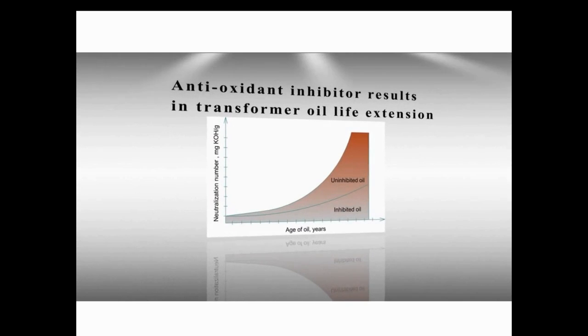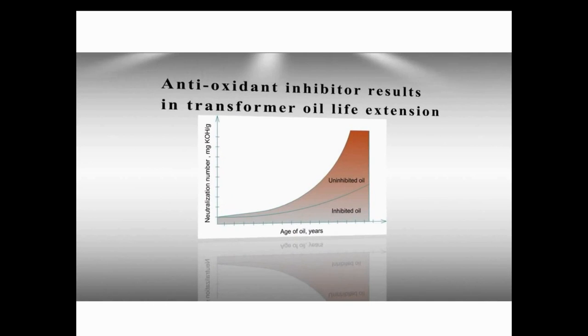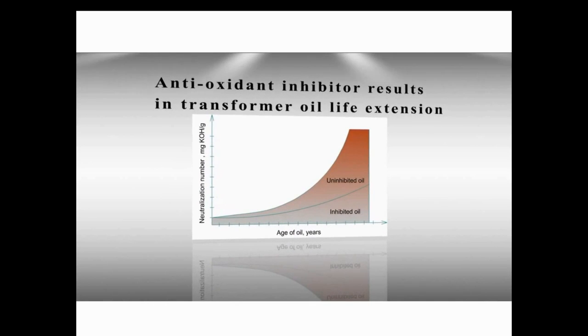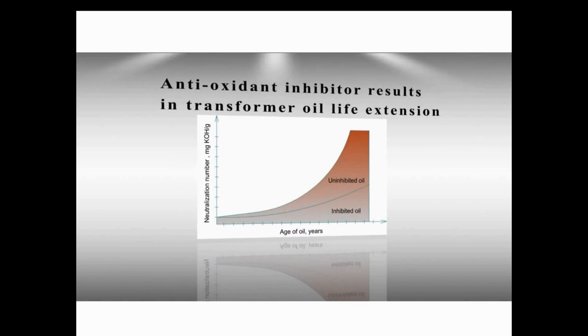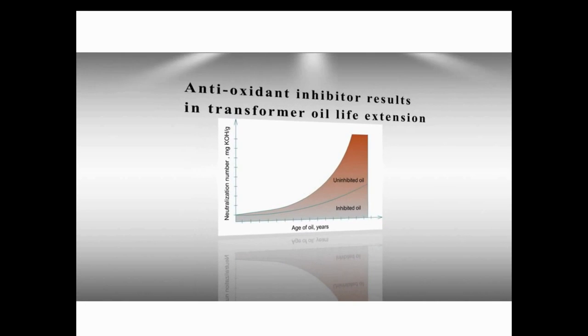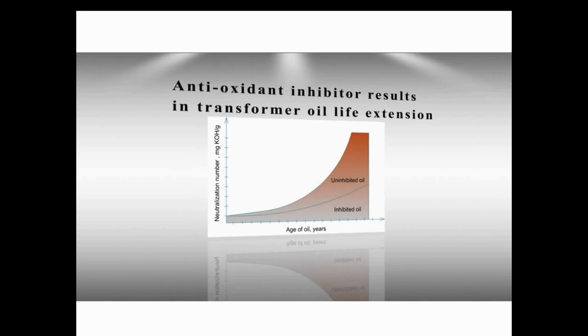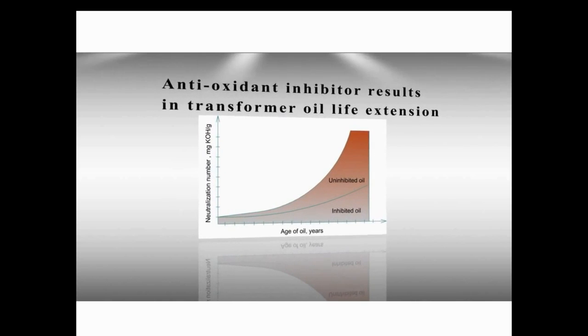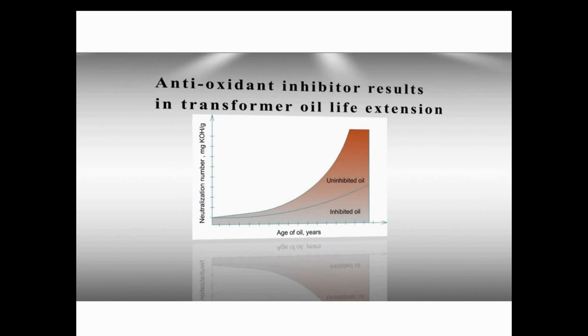Up to date, we can meet inhibited as well as uninhibited oils. Mostly uninhibited oils can be found, for example, in the UK or Japan, but there is a trend for generation and transmission transformers to become inhibited, as inhibitor results in oil life extension.